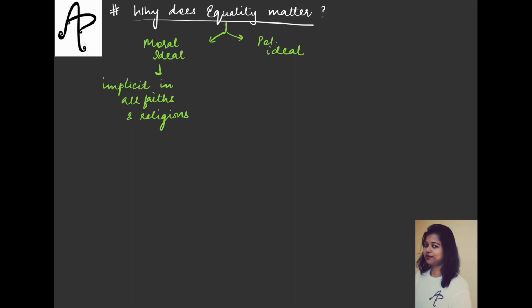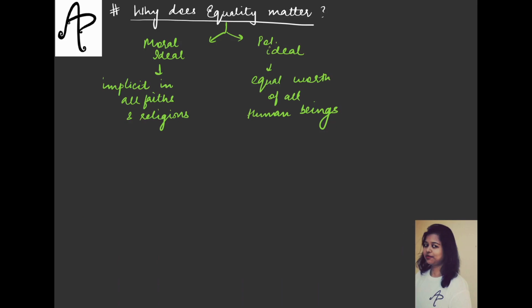And the political ideal would be that there should be equal worth of all human beings, right? So irrespective of the color of somebody, gender, race, nationality, whatever it is, there should be equal treatment or equal worth of all human beings which should be considered.